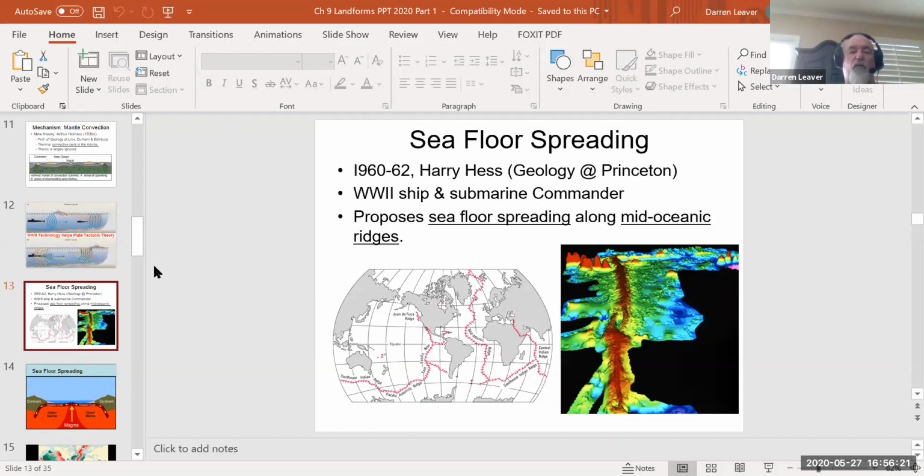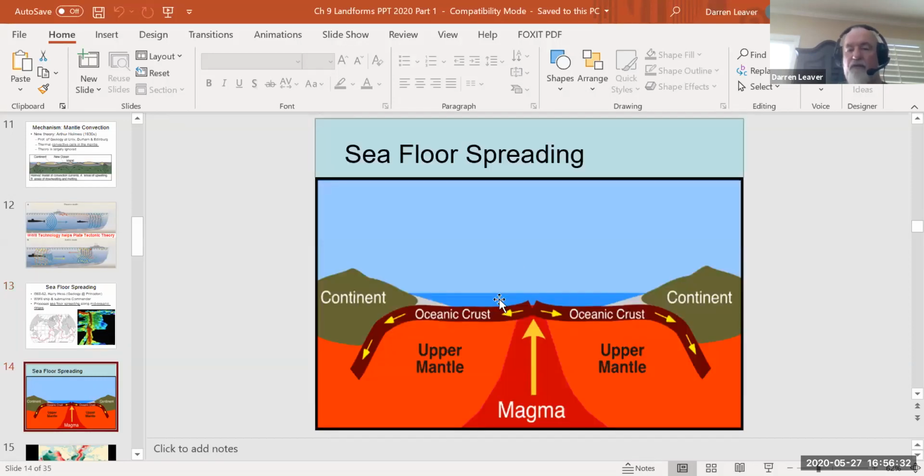Now we have to wait another decade or so, or later in that decade, before we had the technology to drill down into the ocean and find out if indeed, by taking samples, the ocean floor over here is getting older and older as you move away from this spreading center in the middle of the ocean, and older and older as you move in this direction, and the rocks on one side match the age of the ones on the other side.